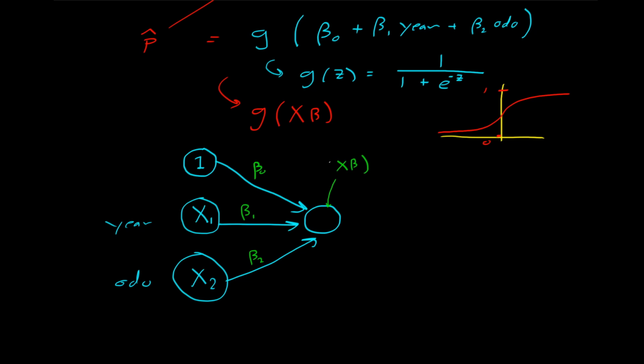But now here we're just going to do g of that. We're going to apply that. So we're going to take xb and throw it in right there. And what that's going to spit out is some number between 0 and 1. So it's going to spit out some number, and that number is the predicted probability of breakdown. Car breakdown.